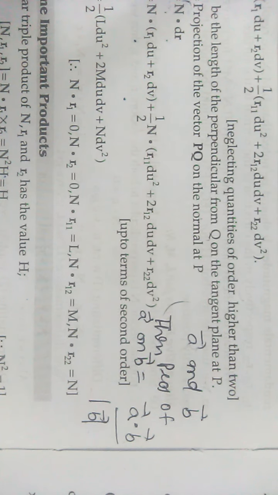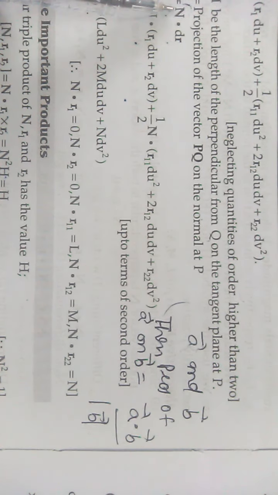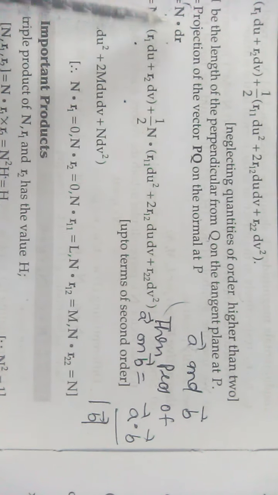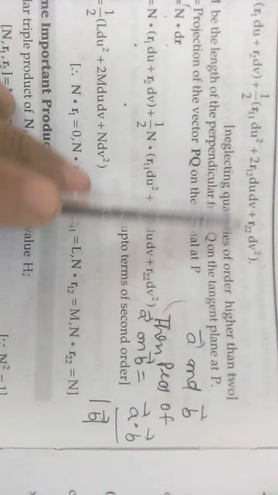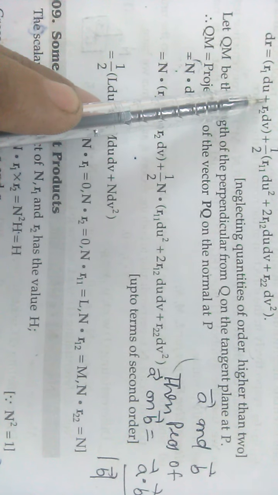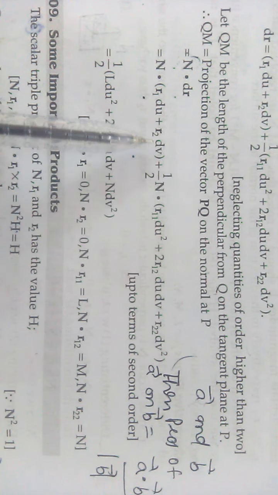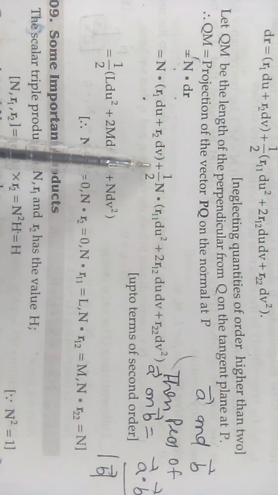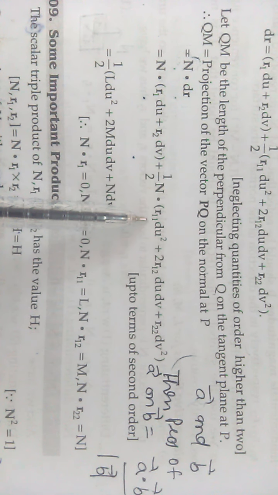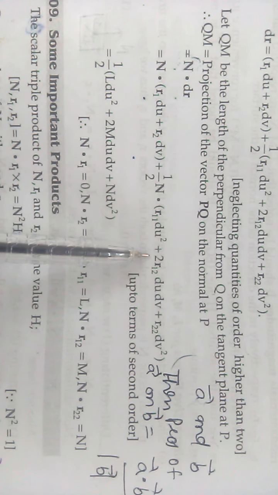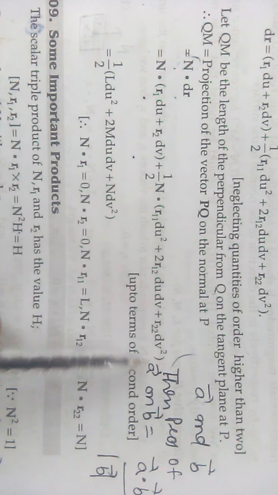So the length QM is the dot product of vector n with dr, that is n dot dr. Now substituting the value of dr from here in this equation, we get n dot (r1 du plus r2 dv) plus 1 by 2 into n dot (r11 du square plus 2 r12 du dv plus r22 dv square).